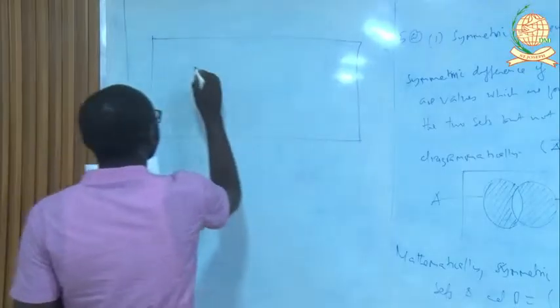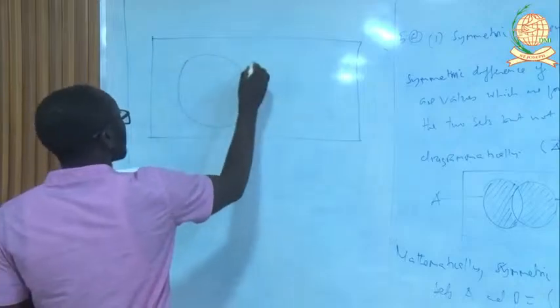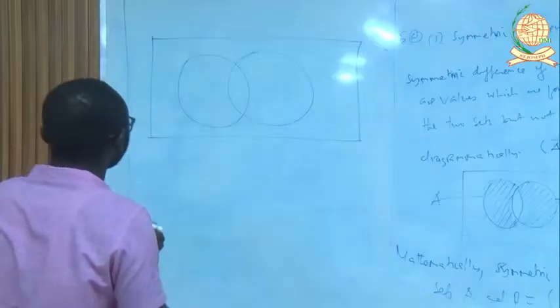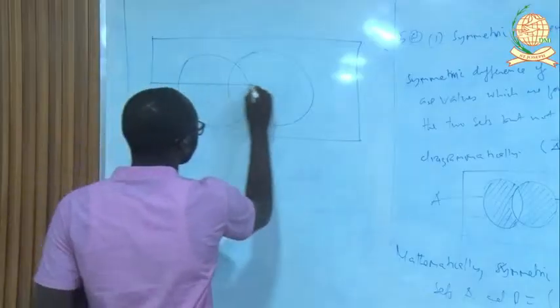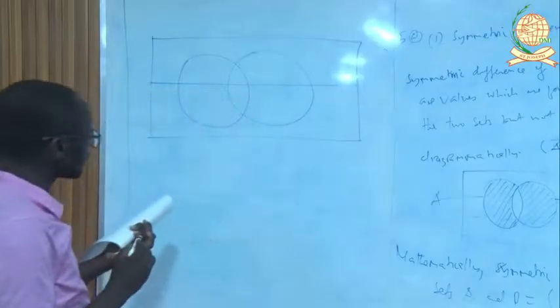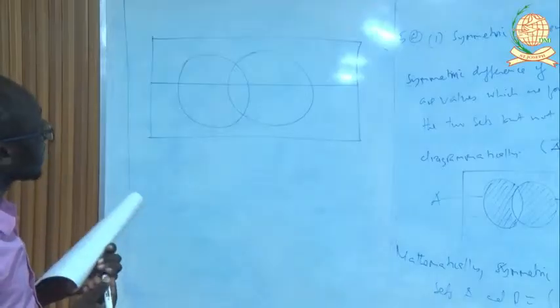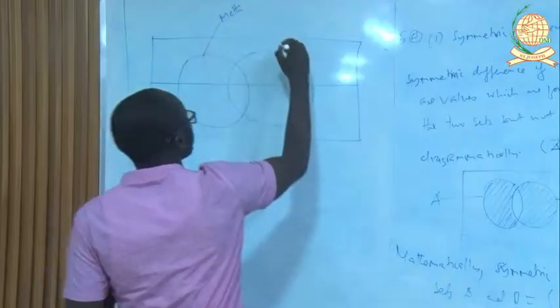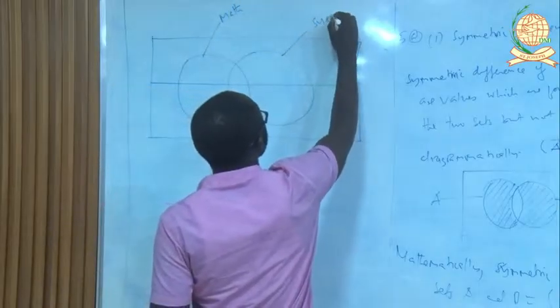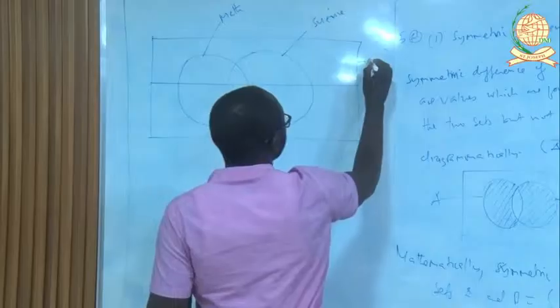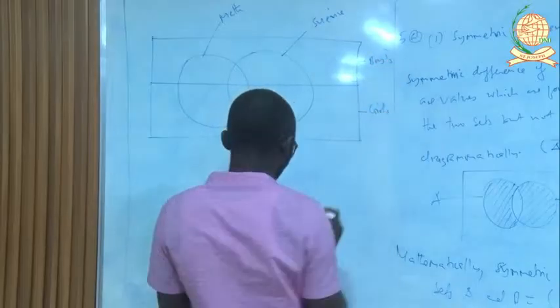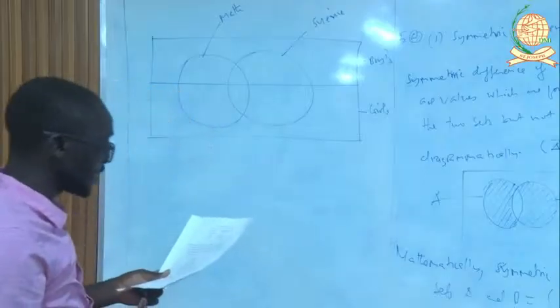We have boys, we have girls, but they are divided. We have some boys who are studying science and maths, so you have to divide it that way. Then you decide, maybe this could be math, and maybe this could be science. And the upper part maybe could be boys, and the lower part could be for girls.